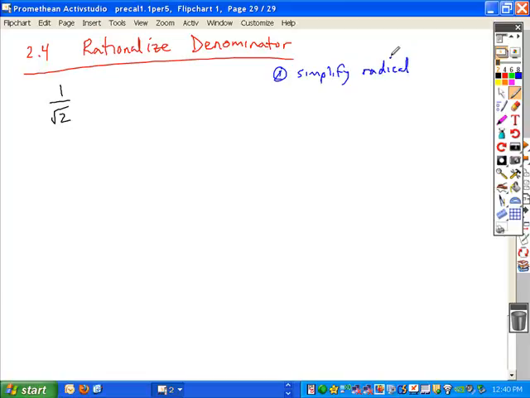By doing this step, it allows you to work with the smallest possible bases that you can use. Okay, so you're going to rewrite your number in exponential form.